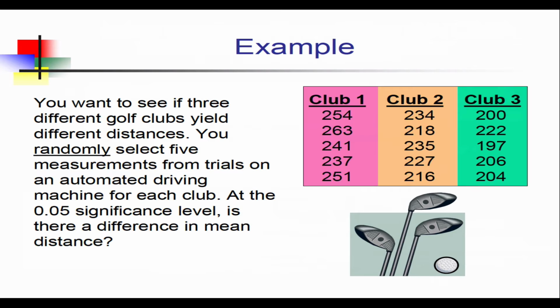Here you want to see if three different golf clubs yield a different distance. You randomly select five measurements from each group. At the 5% significance level, is there a difference in mean distance? So there are three groups. You are comparing three group means.